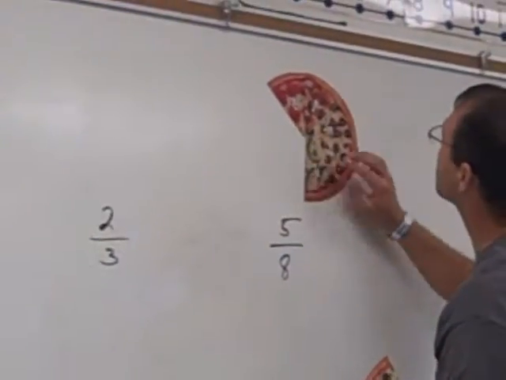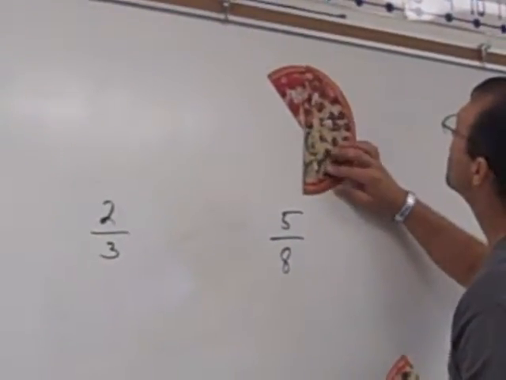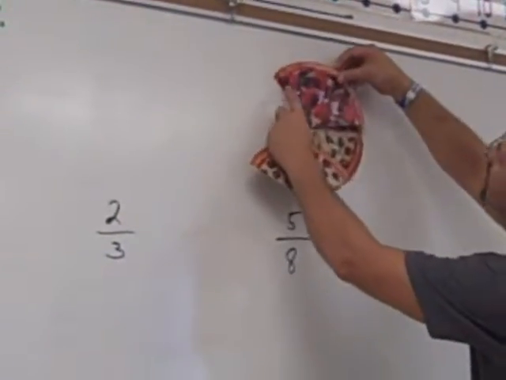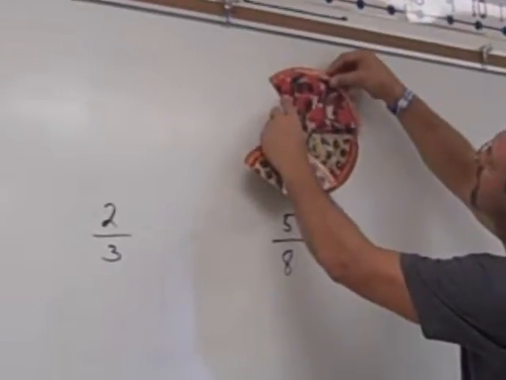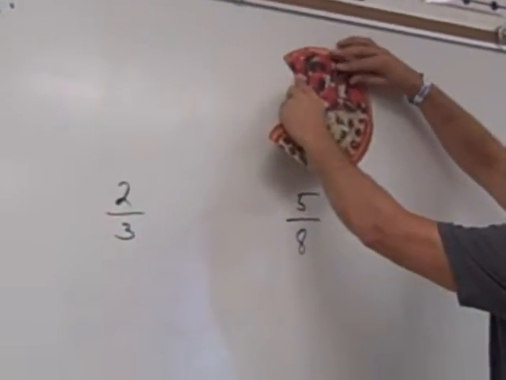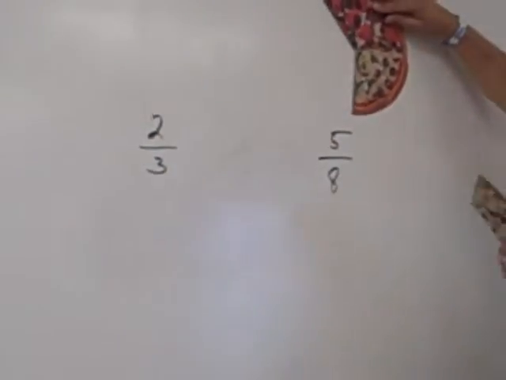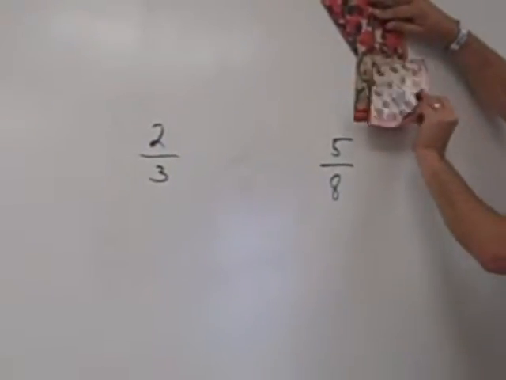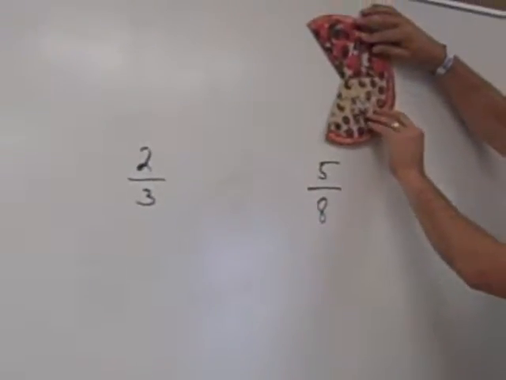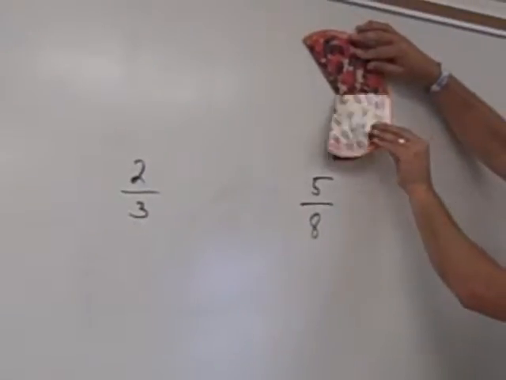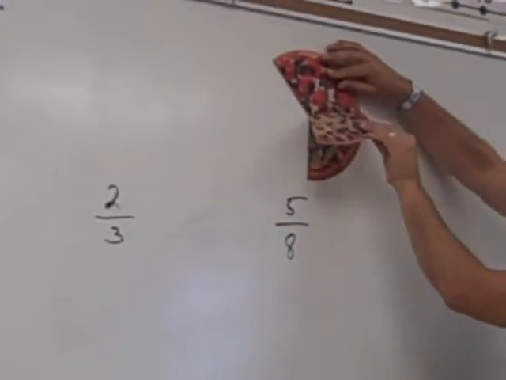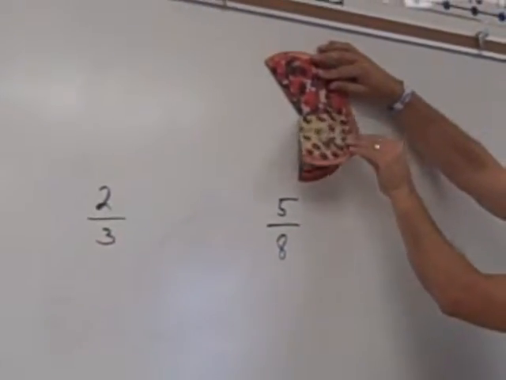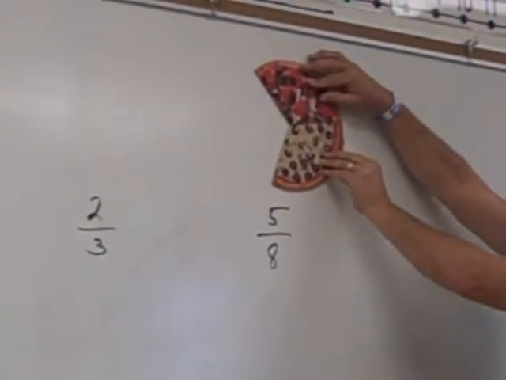All right, let me get all my pieces together here. I laid my 1/3 right there, evened up with that. Now I'm going to line this one up and let's see what happens. It's slightly bigger. I think 2/3 looks like a little bit more pizza, isn't it?